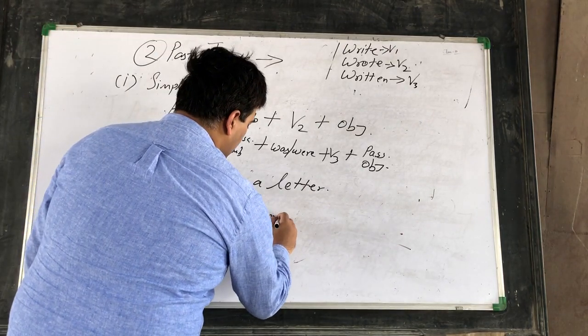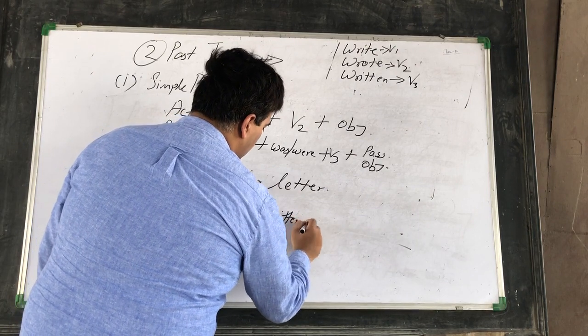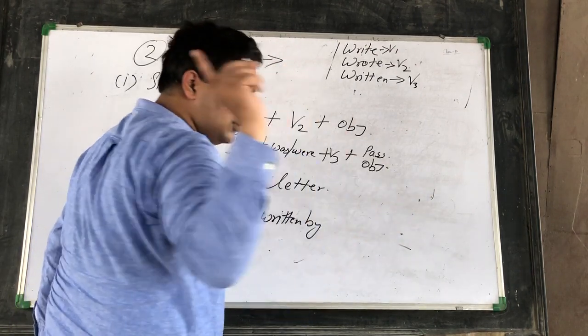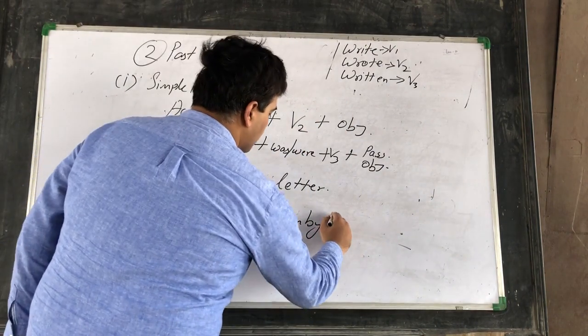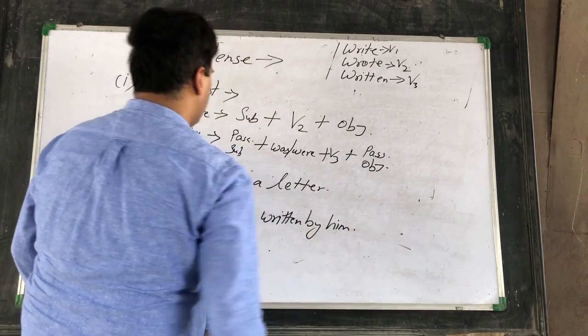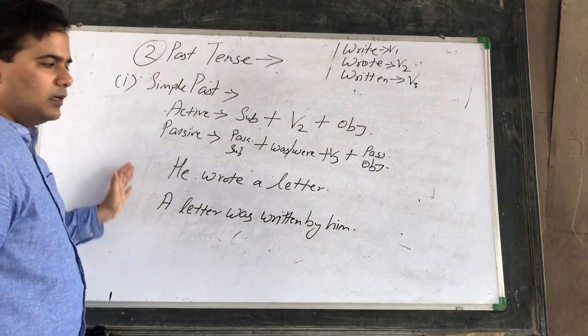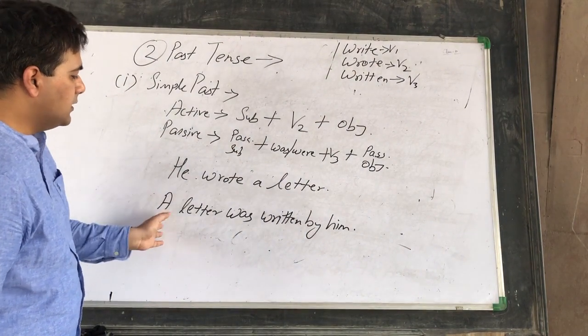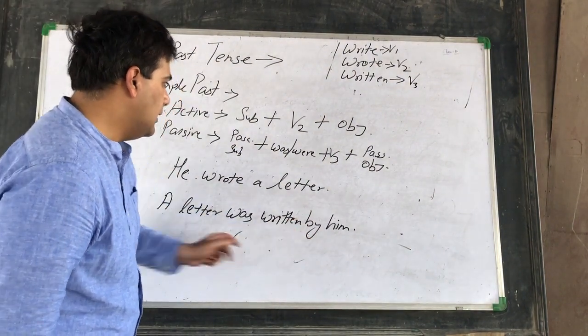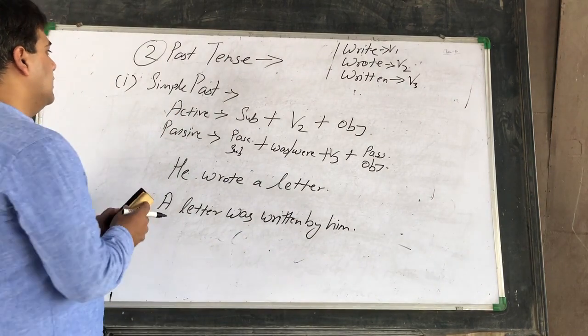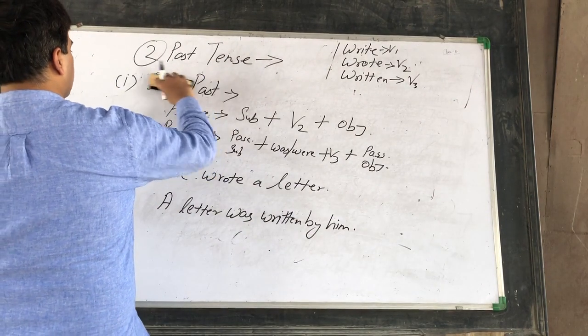Then written by, again the objective form of the pronoun, him. A letter was written by him. This is simple past. Fine. A letter was written by him. Let's move on to the past continuous.